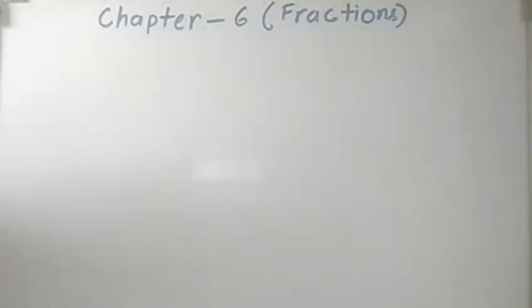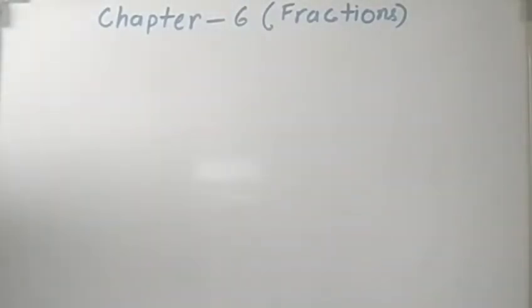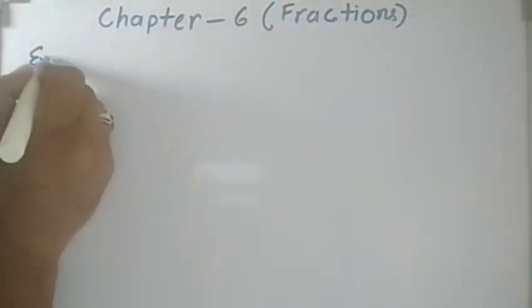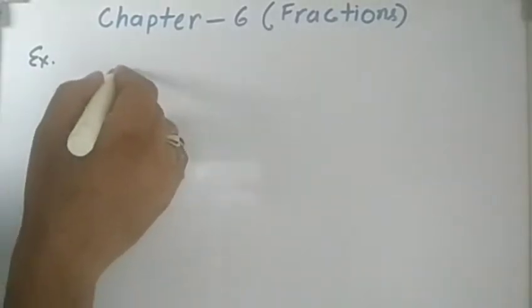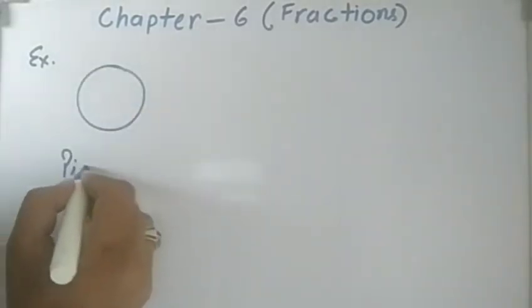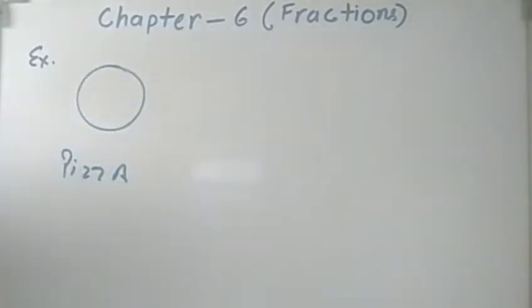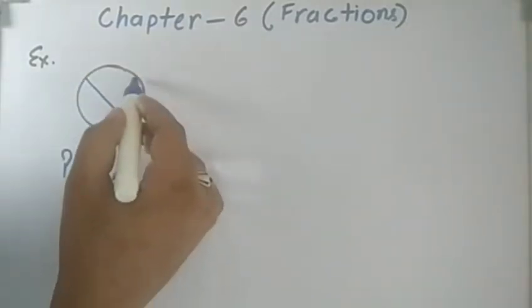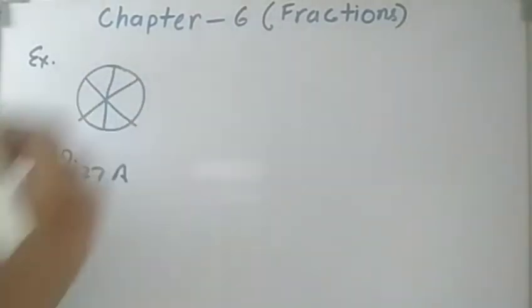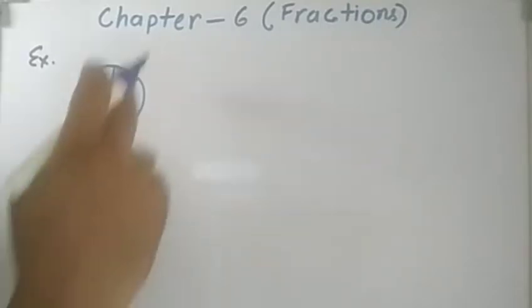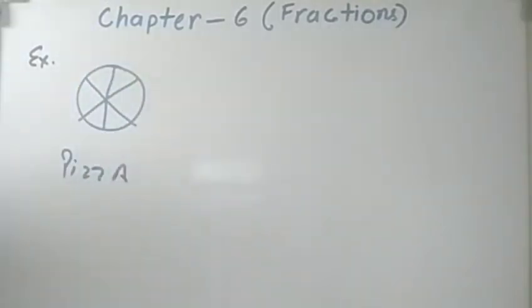We will understand the fraction with the help of an example. I bought a pizza. I cut this pizza into 6 equal parts and then I ate 4 parts out of it.